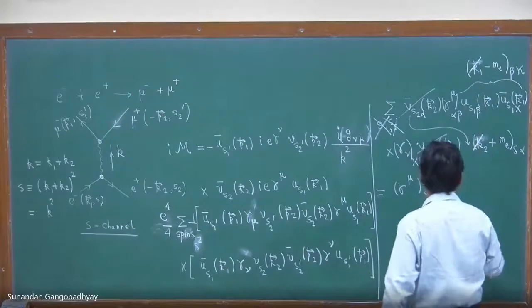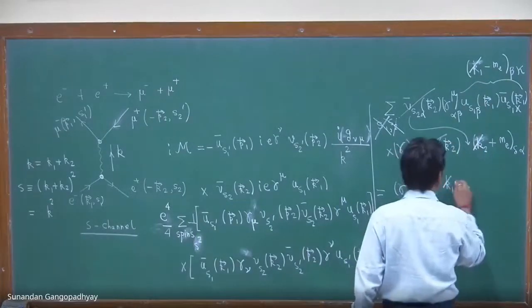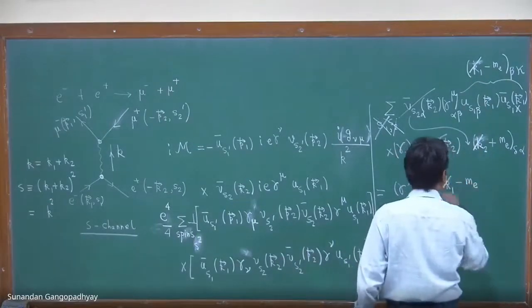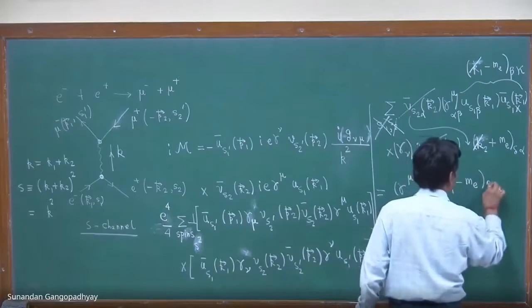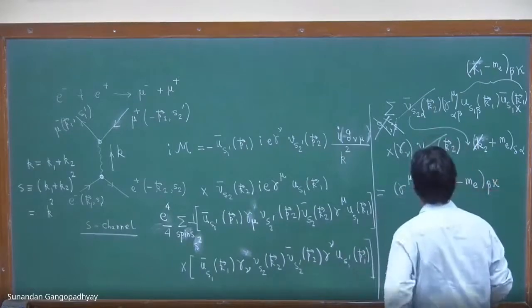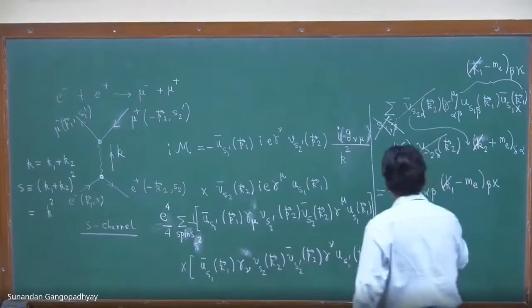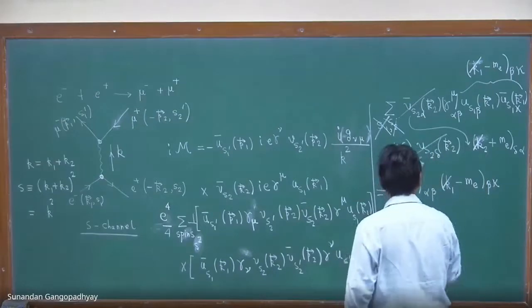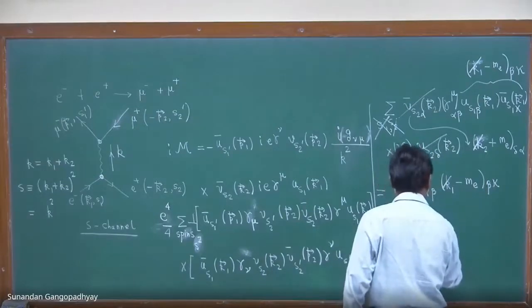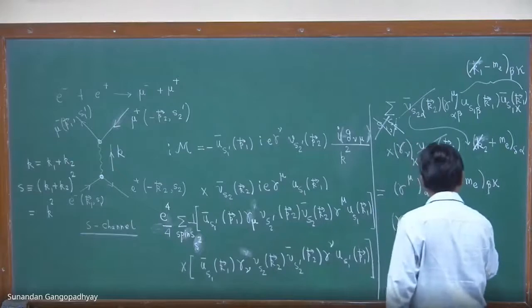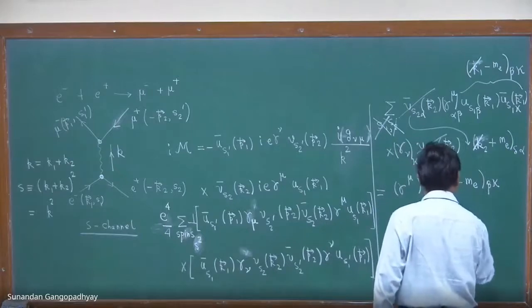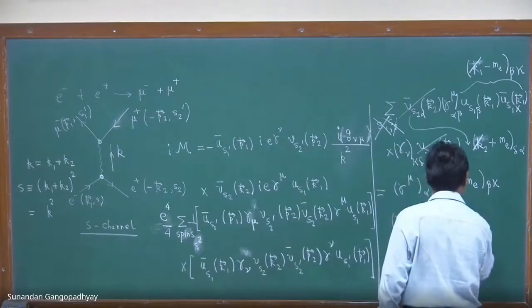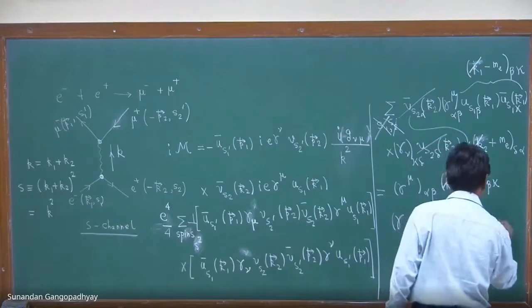This is k1 slash minus m, beta kappa. Then we have gamma nu kappa delta. Then we have k2 slash plus m, delta alpha.